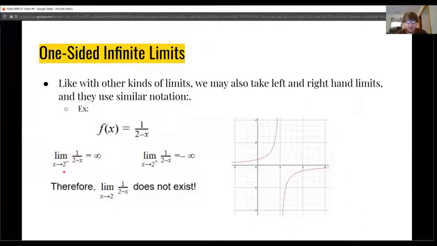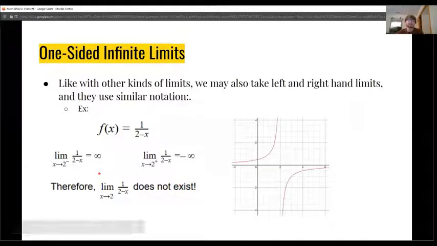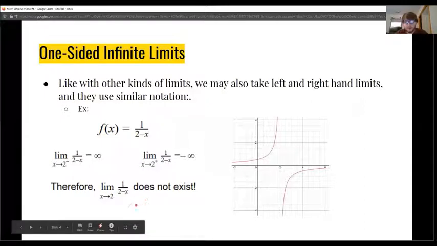From the left, we see that we're going up infinitely, and from the right, we see that we're going down infinitely. So we have the limit as x approaches 2 from the left of f of x is equal to infinity, and the limit as x approaches 2 from the right of f of x equals negative infinity. And like before, because our limit from the left does not equal our limit from the right, we can say that the limit as x approaches 2 of 1 over 2 minus x does not exist.